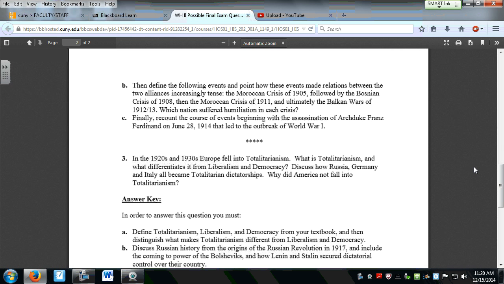So in each of those 4 situations, in order, the Moroccan crisis of 1905, the Bosnian crisis, which is taking place within the Balkan area of Europe, of 1908, the Moroccan crisis of 1911, and then the Balkan Wars of 1912 and 13, there was always one country that lost out.